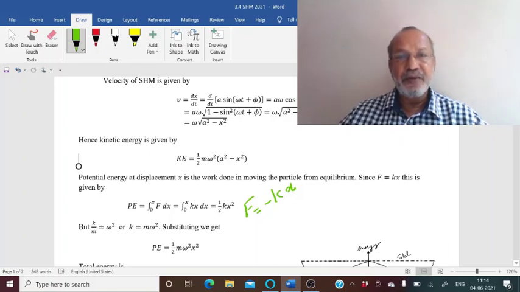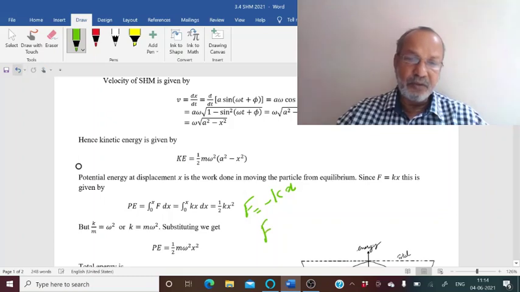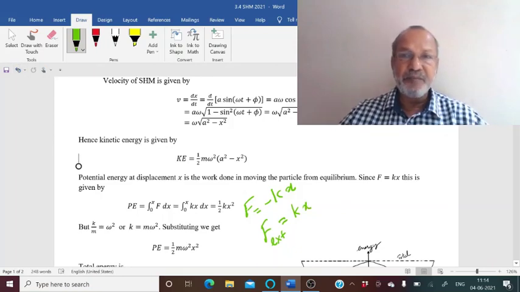So the external force has to be slightly greater than this minus kx force and in the opposite direction. So the external force should be equal to, we can approximately take as kx, because a very small additional force will shift the particle in the direction of the external force, and the work done by this external force becomes the potential energy of the harmonic oscillator.